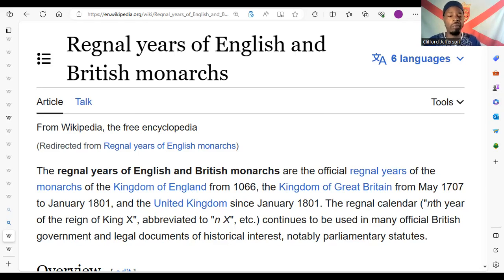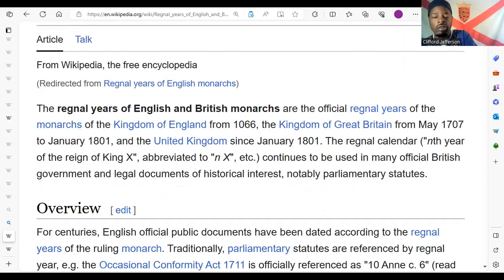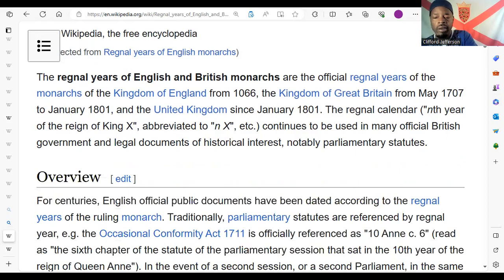From 1707 to January 1801, and the United Kingdom since January 1801. The Regnal calendar, such as 9th year of the reign of King X, continues to be used in many official British governmental and legal documents of historical interest, notably parliamentary statutes. Did y'all hear that?